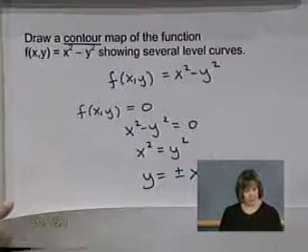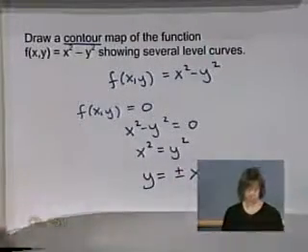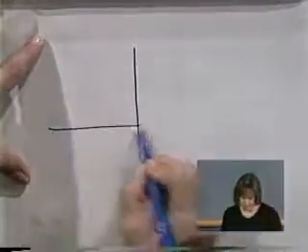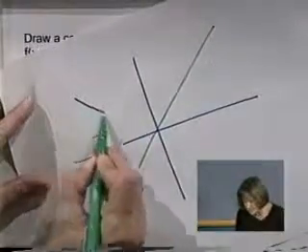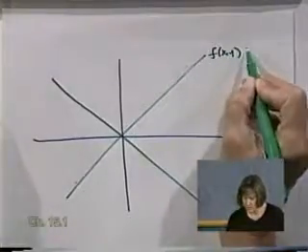So y could be equal to x or y could be the opposite of x. So my first level curve is going to be y equals x and y equals minus x. And this is the level curve f of xy equal to 0.